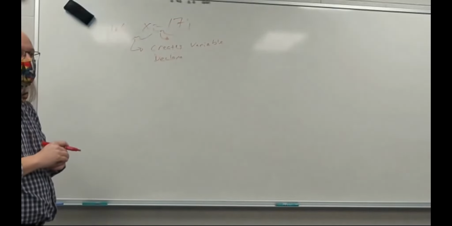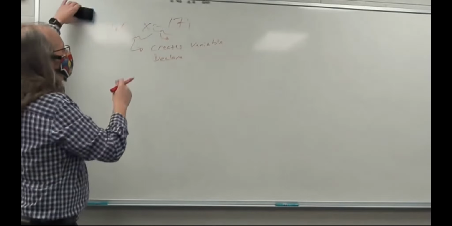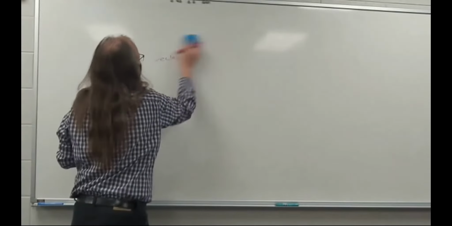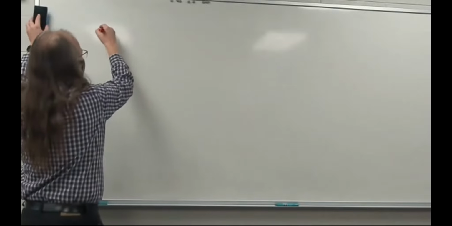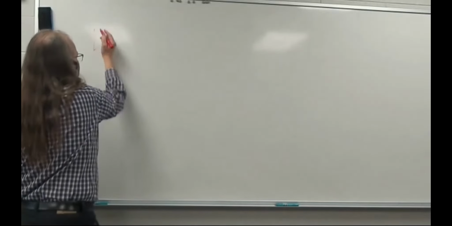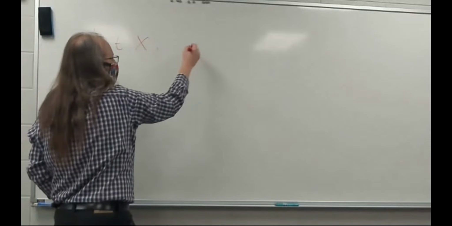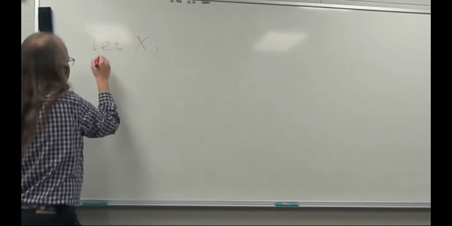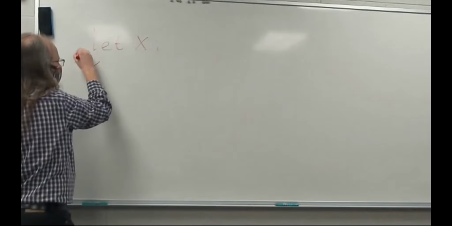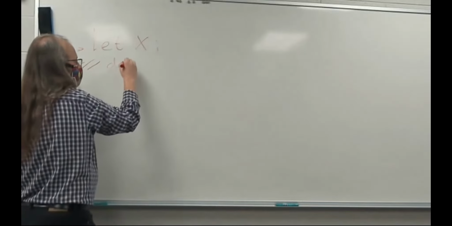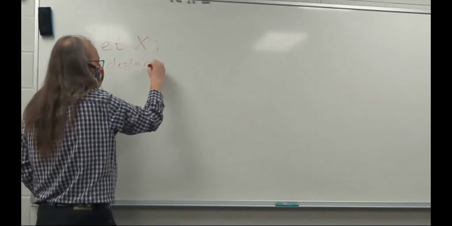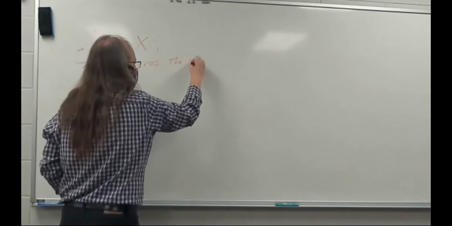That's called initializing the variable. So I could actually do that in 2 steps if I wanted to. So if I say let x, this line right there, I'm going to comment it out here, declares the variable.